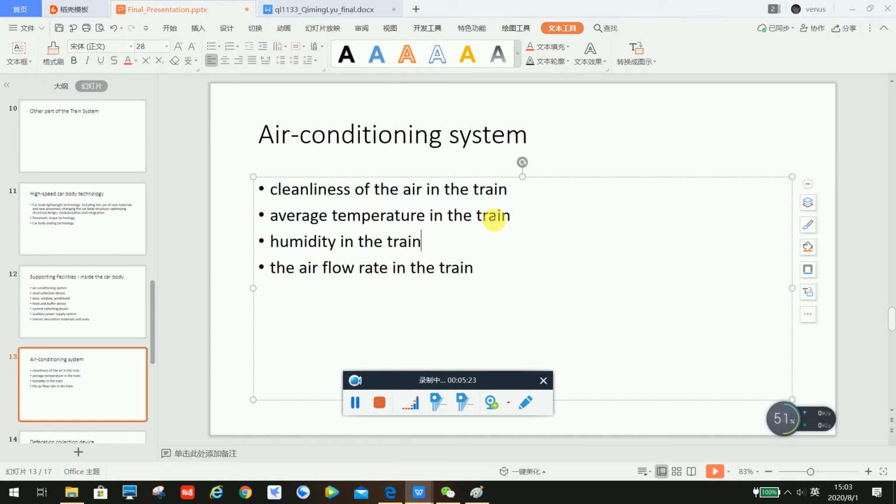The air conditioning system has an outside cycle to exchange the air from the outside and the inside. And it can change the temperature in the train, no matter in the summer or in the winter. An important one is also the humidity in the train. It can also add some water, and control the airflow rate in the train. That's all the things we need to consider.